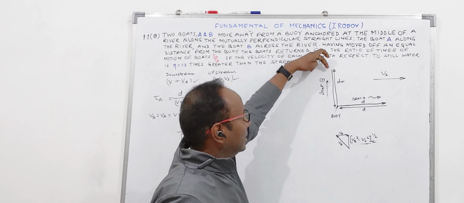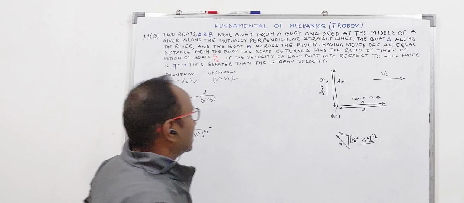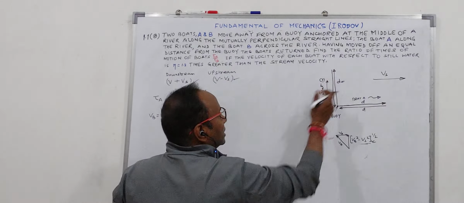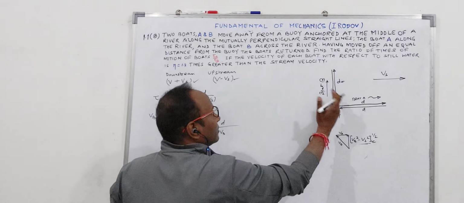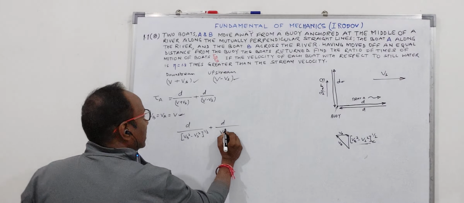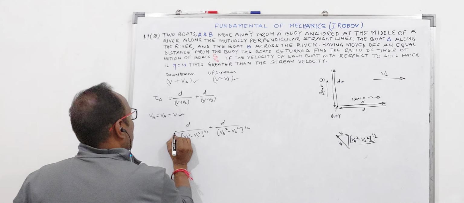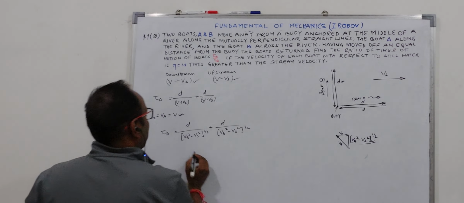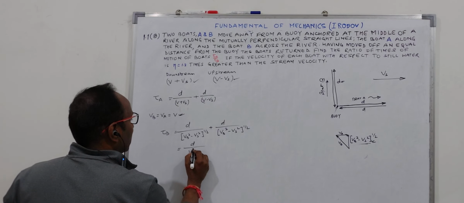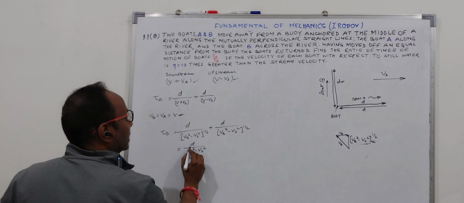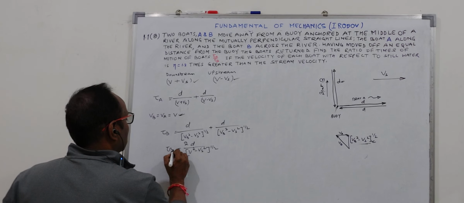While coming back, it comes exactly the same way to the buoy. So going up and coming down, the time will be the same because the resultant speed on this path for B will be the same. So this is tau B. VB is equal to V, so we write 2d by under root V square minus Vs square. So this is tau B, right?